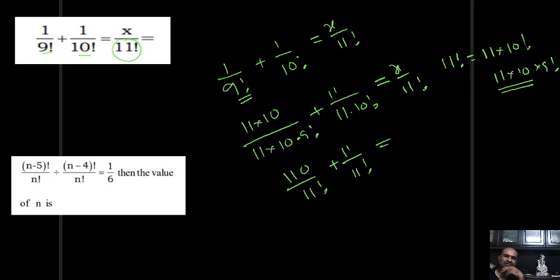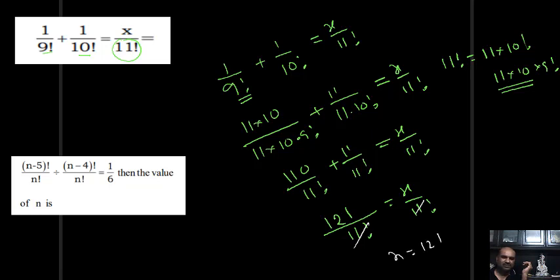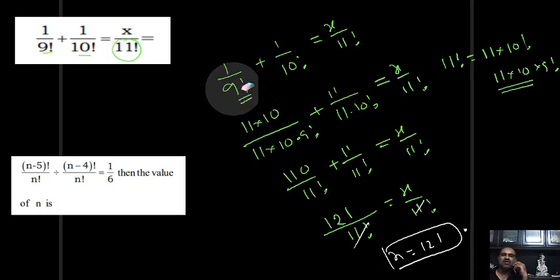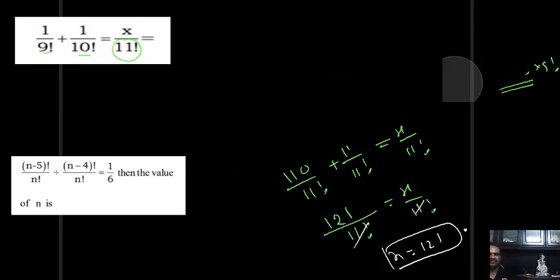I can write, equal to x/11!. Now here I can take 11! as the common denominator: 110 plus 11 is 121, equal to x/11!. Simply I can say that x equals 121.